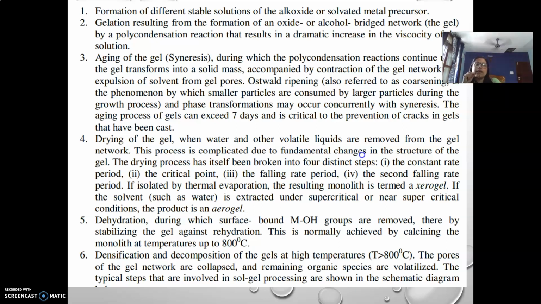Removal of a solvent other than water will give us the xerogel, and removal of water from the aqueous solution of a metal alkoxide compound will give us the aerogel.